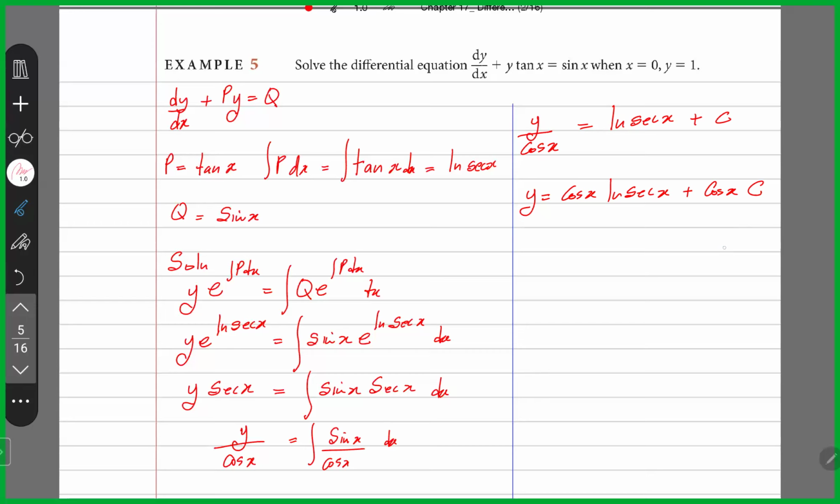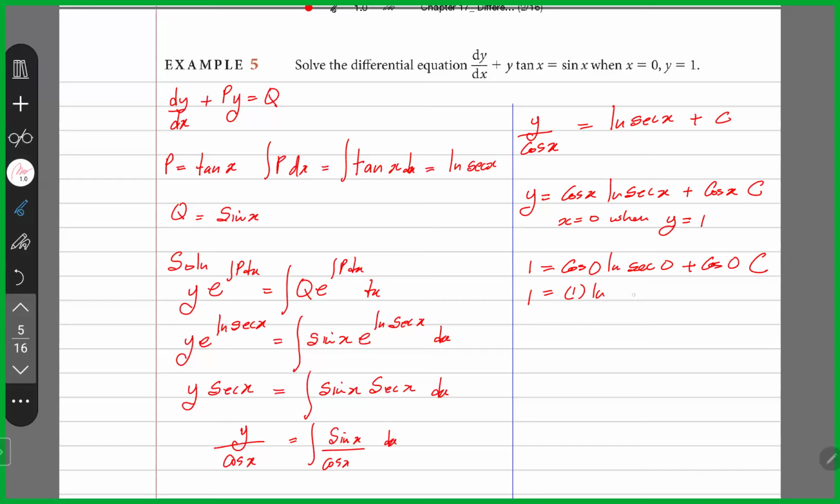We're told that x is 0 when y is 1. So now we can get 1 is equal to the cosine of 0, ln sec 0, plus the cosine of 0, c. The cosine of 0 is 1.